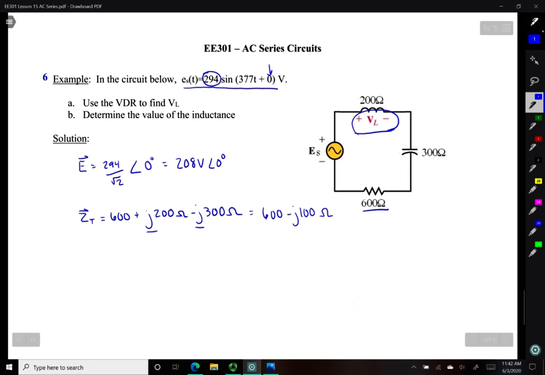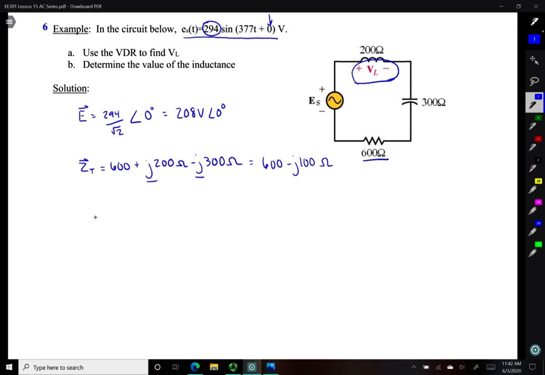Okay. So next we'll use the voltage divider rule. So V of L is equal to, in this case, our source voltage times the impedance of that inductor over that total impedance.